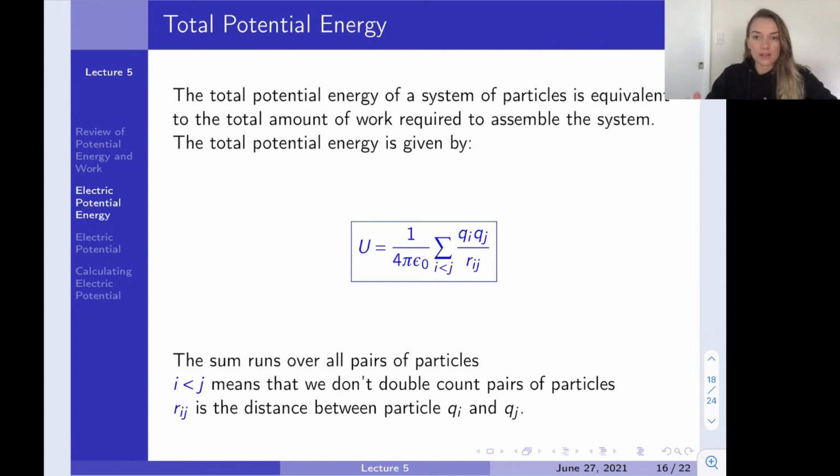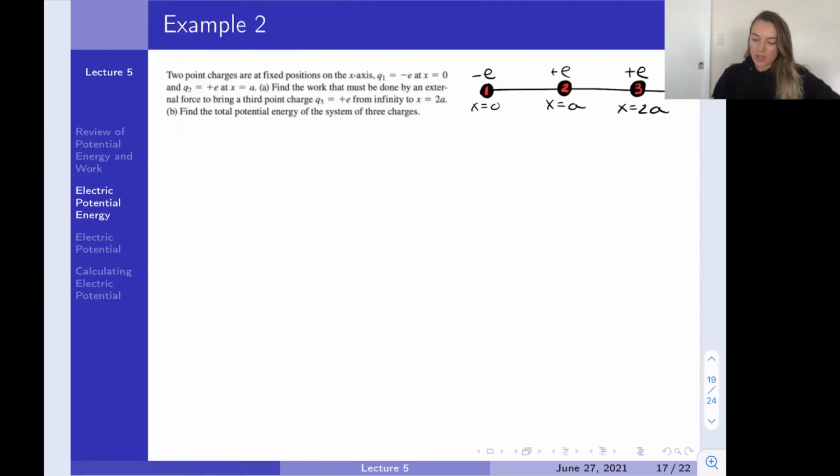R sub ij is just the distance between those two different charges. And then this sum with i less than j just means that you're not double counting your sums. So if you do the sum for charge 1 and charge 2, you don't then need to add the sum for charge 2 and charge 1. You already counted that.